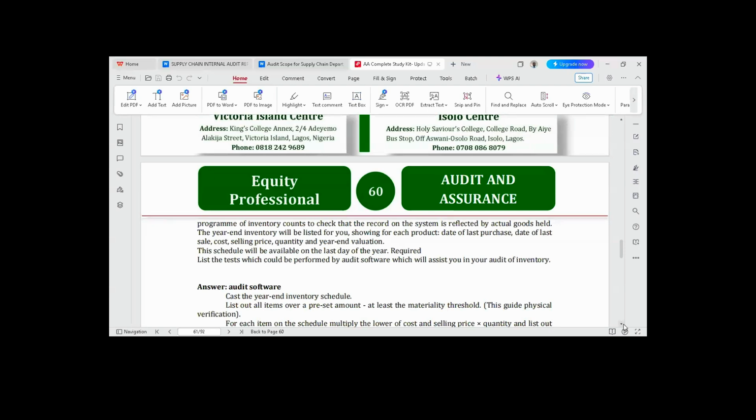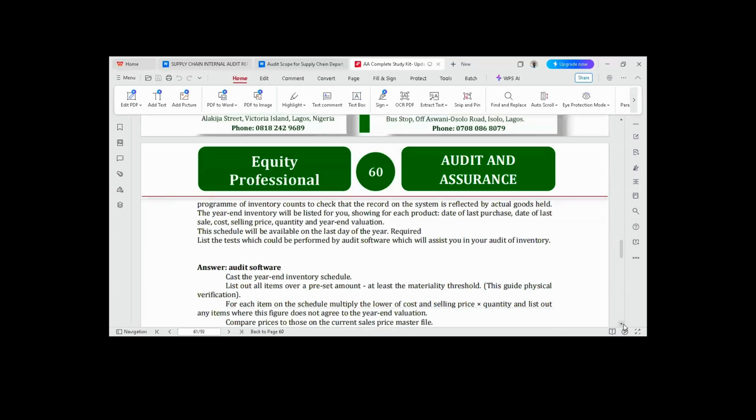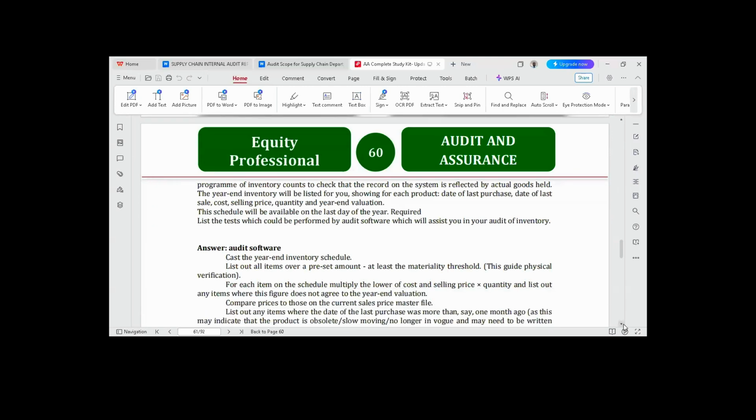In the audit of what? Inventory. So this is how you answer the question. First thing you need to do is cast the year-end inventory schedule. Cast here means you need to add up, you need to aggregate. Then the next thing, list all items over a preset amount, at least the materiality threshold. A preset amount, the materiality threshold.